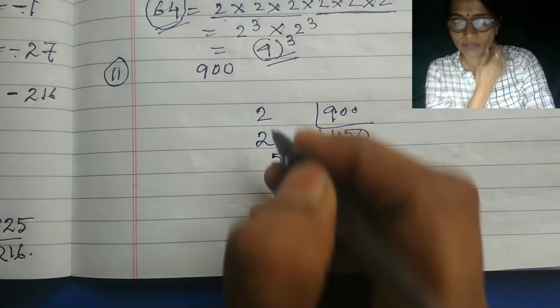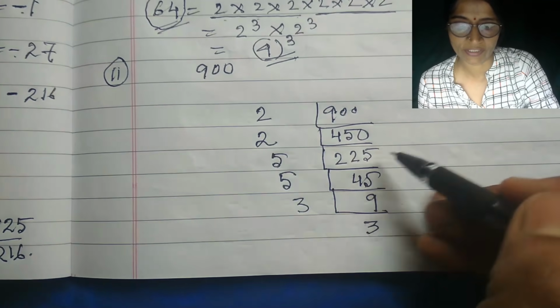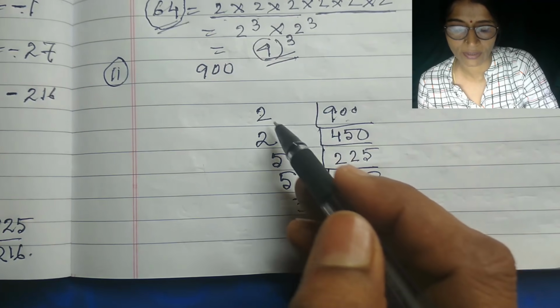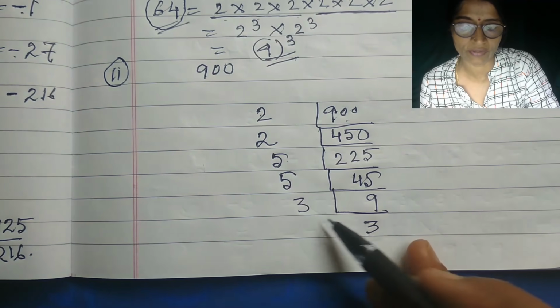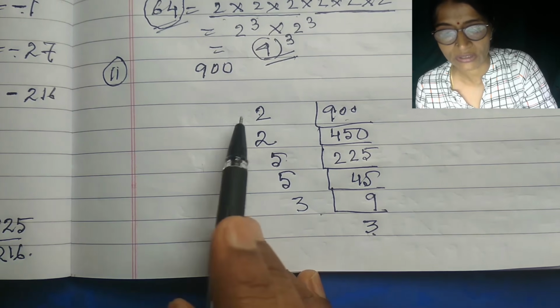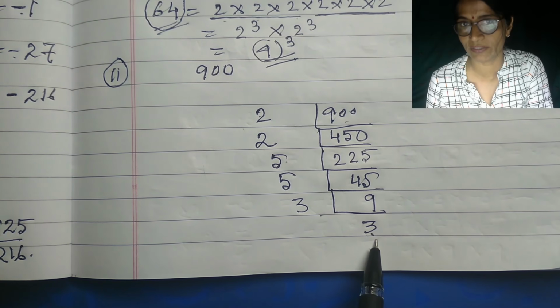So what do you observe here? The prime factorization of 900 is 2 into 2 into 5 into 5 into 3 into 3, but not a single number is in the triplet form.